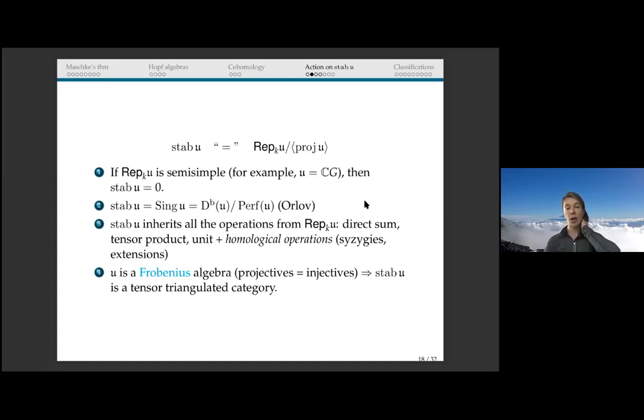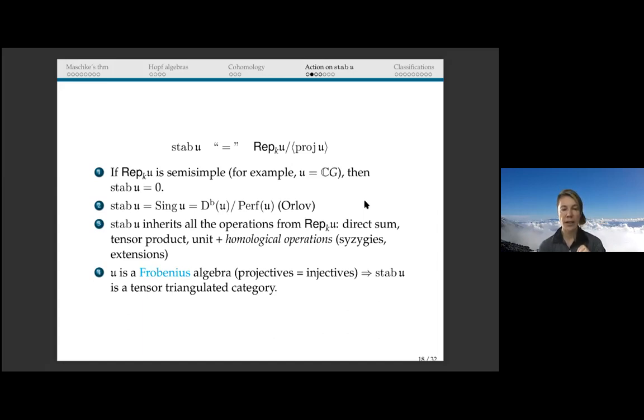So in algebraic geometry, for a commutative algebra or scheme, this is a singularity category, which sort of measures in the derived way how non-smooth your scheme is. So in our representation theory context, the analog is that smoothness is sort of interpreted as semi-simplicity. And the same quotient measures how non-semi-simple our algebra is.